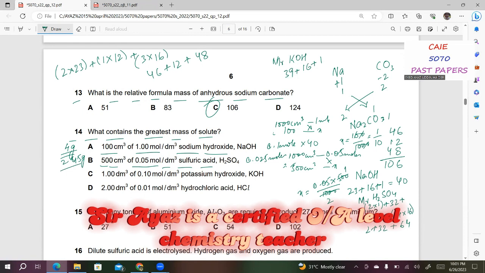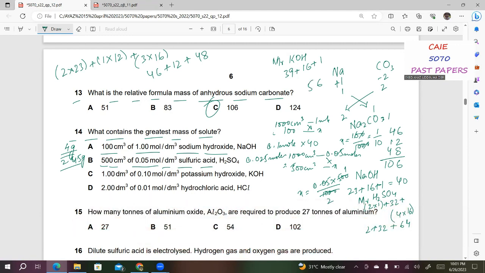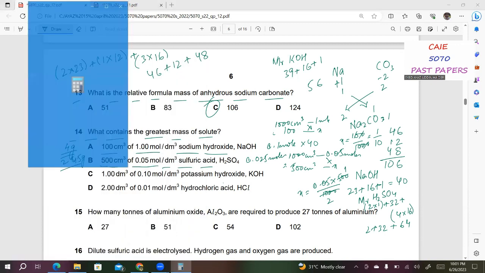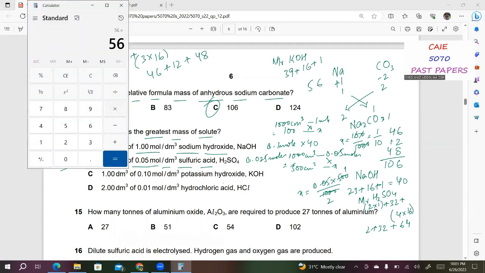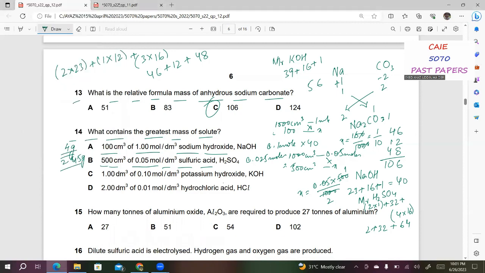So 39 plus 16 plus 1 is 56. So 56 will be multiplied by 0.1, 5.6 grams. So far, this is the highest value.